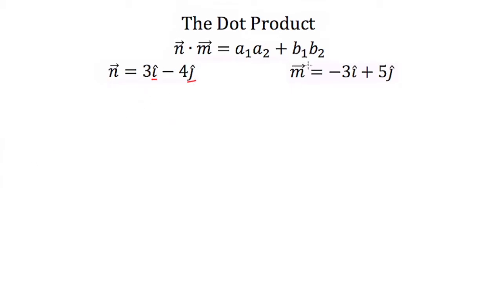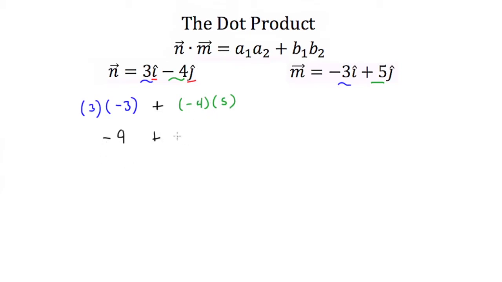So if we're going to find the dot product of n and m, we take the x values, or the numbers in front of the i, so 3 and negative 3, and we multiply them together. Then we take the y values, or the numbers in front of the j's, negative 4 and 5, and we multiply them together. Then we add these two products. 3 times negative 3 is negative 9.